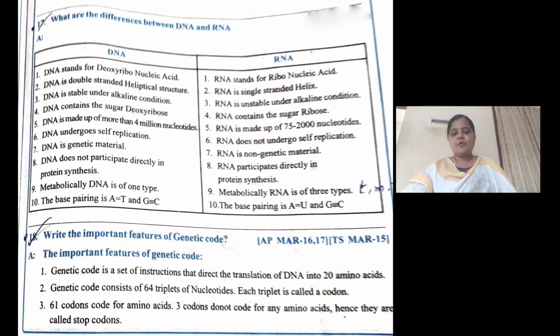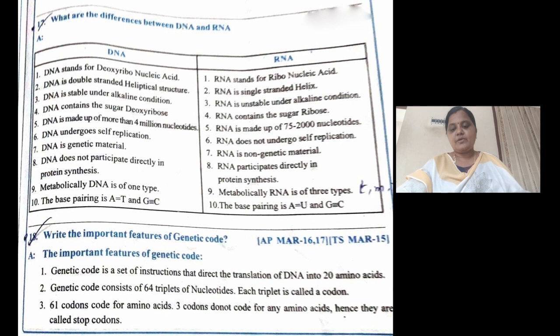Among these 64 triplets, 61 codons code for amino acids, and 3 do not, hence they are called stop codons. So these are the important features of the genetic code.